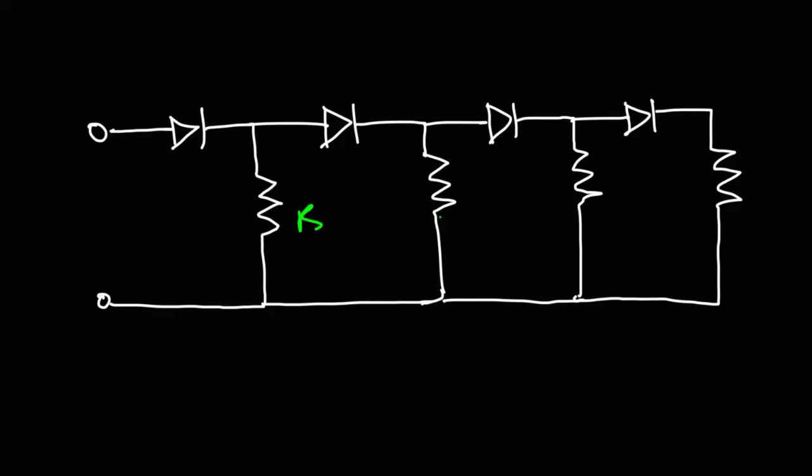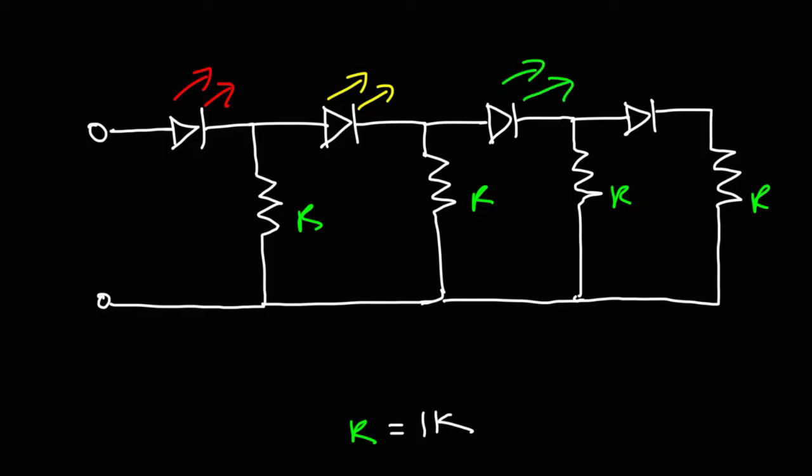So I'm just going to put R for resistor. The first one is going to be the red LED, just like before. The second one is going to be the yellow LED, and then the green LED, and the blue LED. And we're going to use the same voltage drops. So this is going to have a voltage drop of 2, and the last 2 LEDs will have a voltage drop of 3.